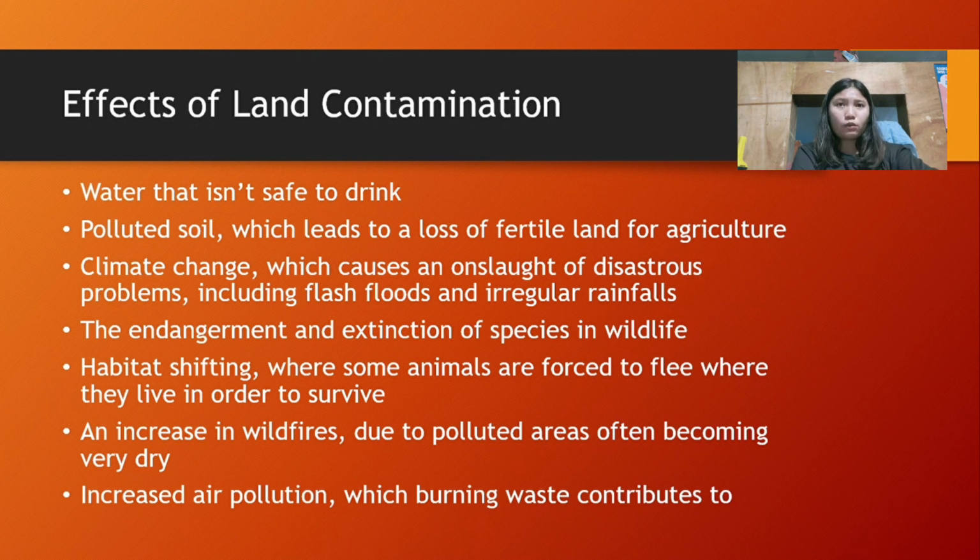There is habitat shifting, where some animals are forced to flee where they live in order to survive, an increase in wildfires due to polluted areas often becoming very dry, and increased air pollution, which burning waste contributes to.